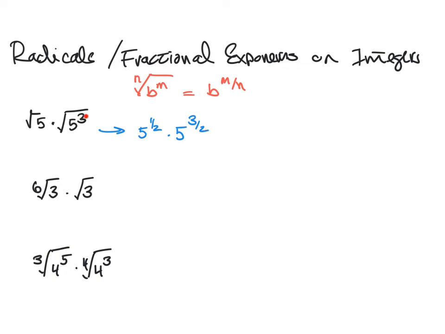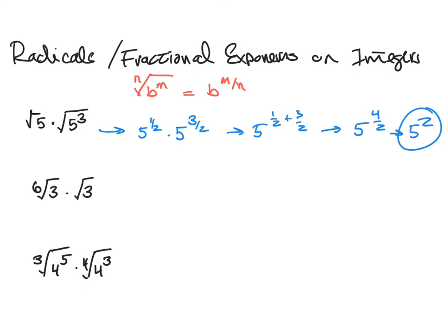This power, this exponent of 5, goes in the numerator of the exponent. Okay, so now we have the product of these two exponents, and that's going to be 5 raised to the sum of those, which is 5 to the 4/2, or 5 squared. Well, yeah, we all know that's 25, but whatever.